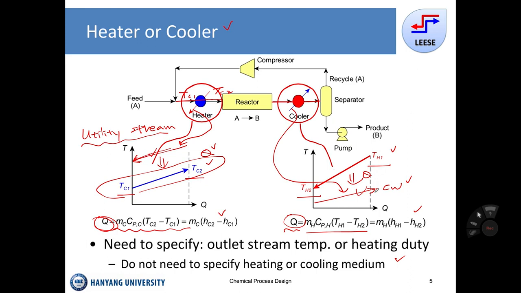The cooling water may not be enough, then I may use air. That kind of decision can be made at a later stage. So we don't need to specify at the beginning of the process design how the utility stream is provided. In that case, we can just calculate the heating duty or cooling duty.